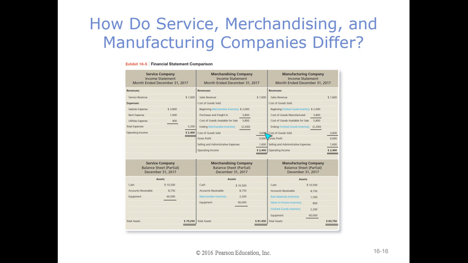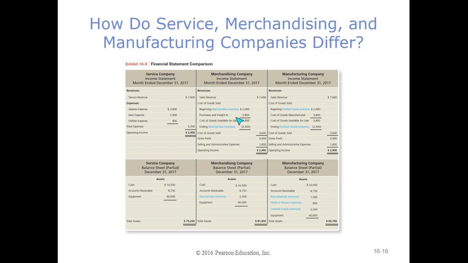So a question can be worded different ways. It could say cost of goods available for sale is this, and your ending merchandise inventory is this. You need to know that subtracting out your ending inventory gives you your cost of goods sold.